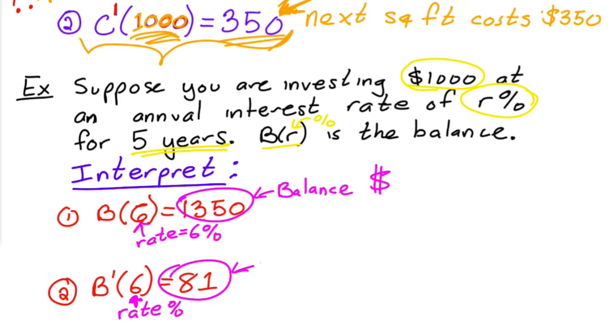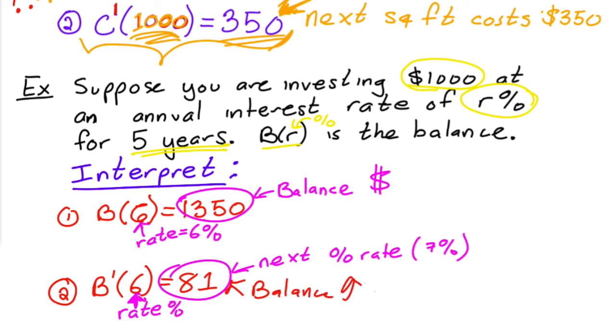So what this tells me is that if my next percentage rate goes up, so in this case it would be 7%, then what that means is that my balance, this is how fast it's going, so my balance would increase by $81. So that's how much more I would have.